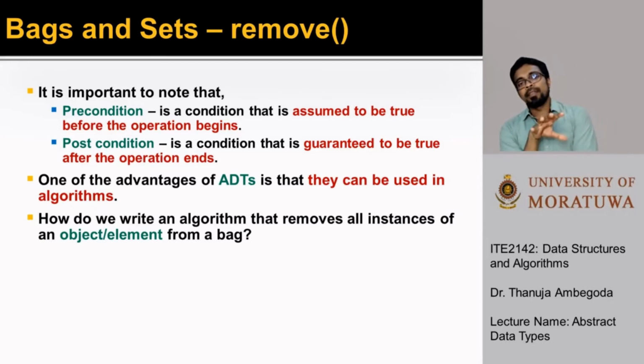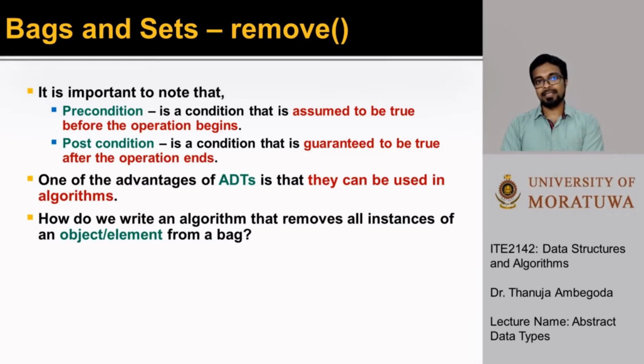So the advantage of ADTs is that they can be used in algorithms. Each ADT has its own properties and unique behaviors, as we discussed with bags and sets. So you should use the appropriate ADT for certain algorithms when you implement it.